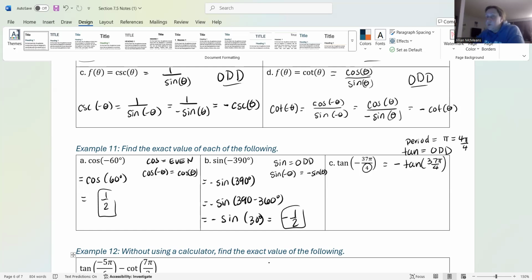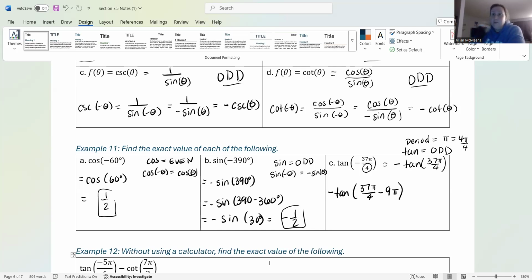So I need to subtract off multiples of 4 pi over 4. I've got 37 pi, so I need to knock off multiples of 4 pi from that numerator. So basically I have negative tangent of 37 pi over 4, and I want to subtract off 9 full pi.